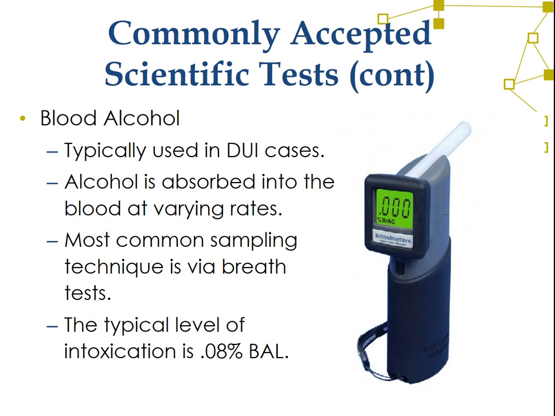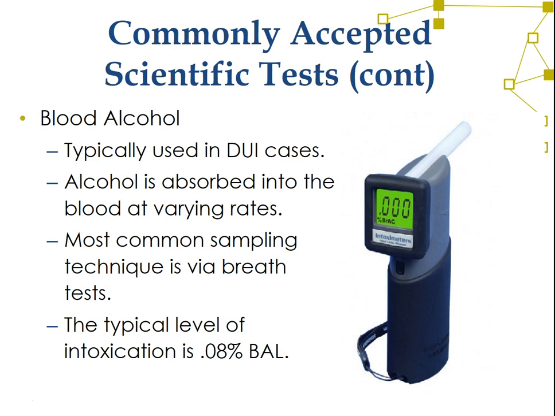And evidence of blood alcohol may also be used in cases in which the defendant's sobriety has a bearing on their criminal intent. So kind of think of that. Alcohol is rapidly absorbed into the blood and circulatory system from the stomach and small intestine, and absorption is more rapid if there's no food in the stomach.